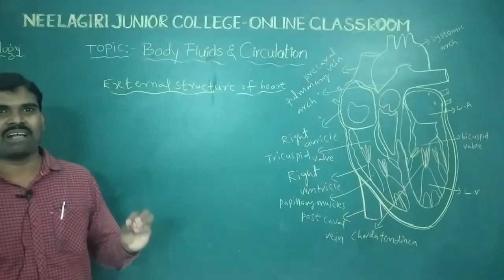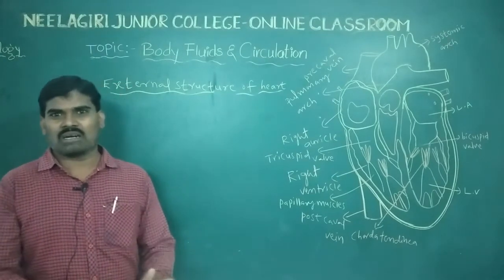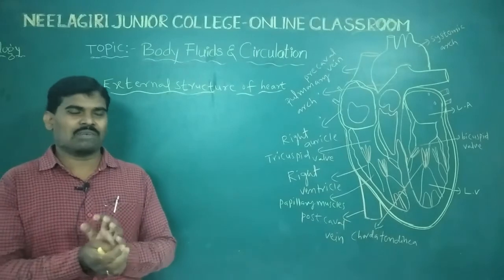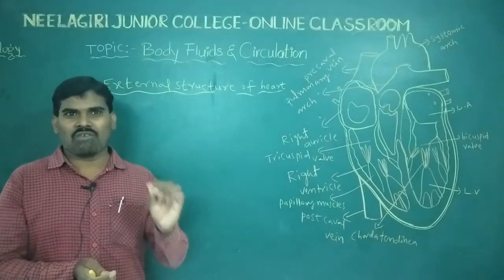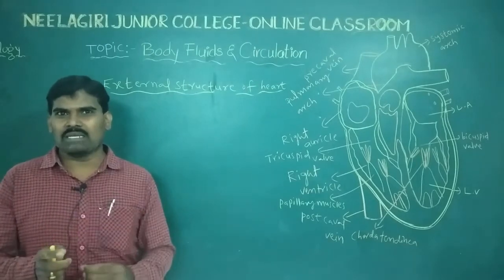The pulsating organ, the main pumping organ, is the heart. The circulatory system's main organ is the heart. For example, compare a motor, pipes and water: the heart is similar to the motor, the blood vessels are similar to the pipes, and the blood is similar to the water. The heart alone cannot pump the blood; the heart, blood vessels and blood are all three needed.